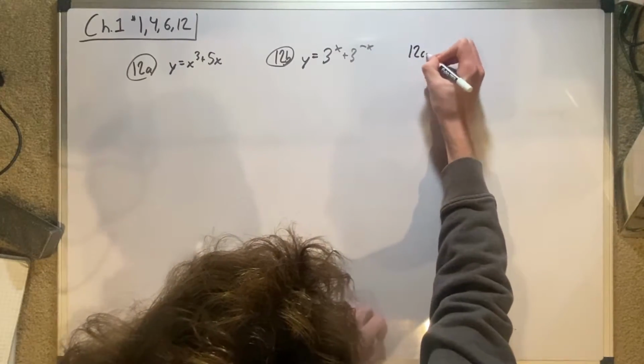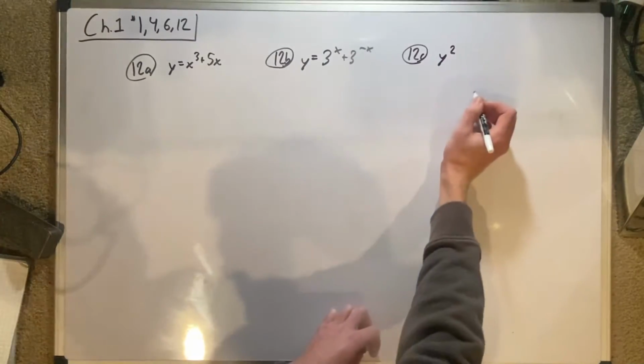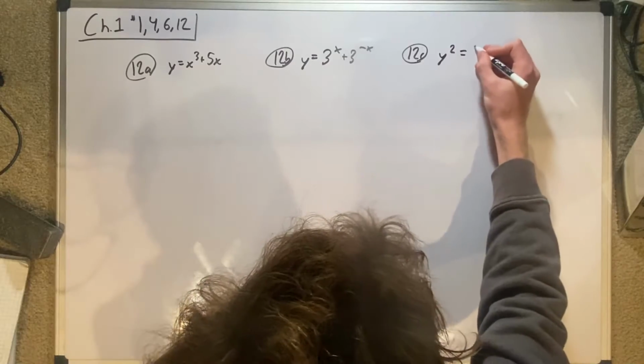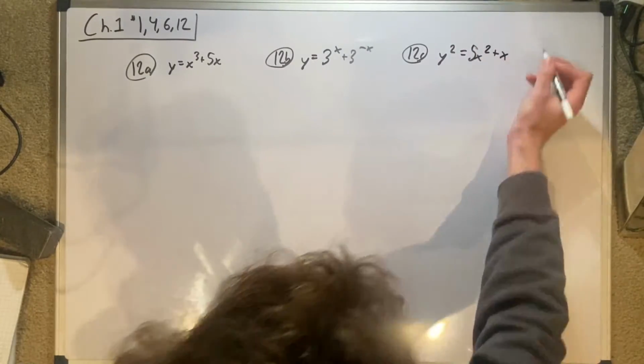And 12c, which is y squared, is equal to 5x squared plus x.